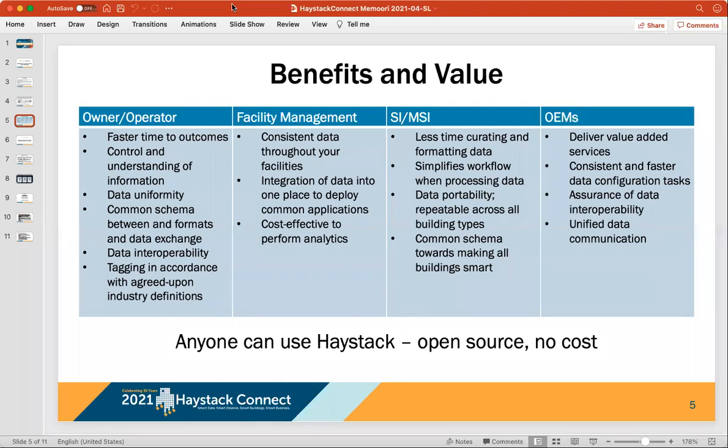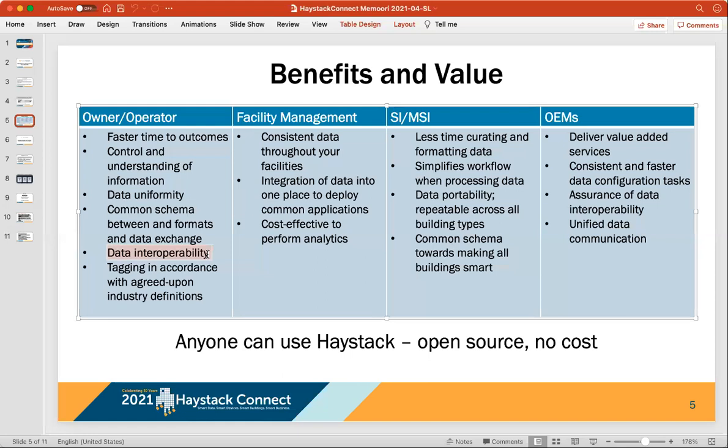And finally, Haystack provides open semantic interoperability whereby multiple and disparate systems can exchange and interpret data, and use that data to the fullest extent. So ultimately, there's the methodology side of this, there's always a technology side, but the business side of what we're doing really resonates in today's environment.